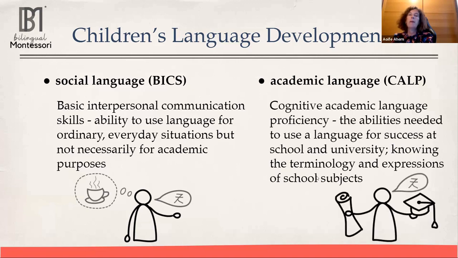Whereas in the area of CALP, cognitive academic language proficiency, the child develops language that they're going to use when they write, language that they will be exposed to through reading content and texts about different topics, non-fiction texts usually, that will be giving them information about science, biology, music, whatever other subject they're learning.